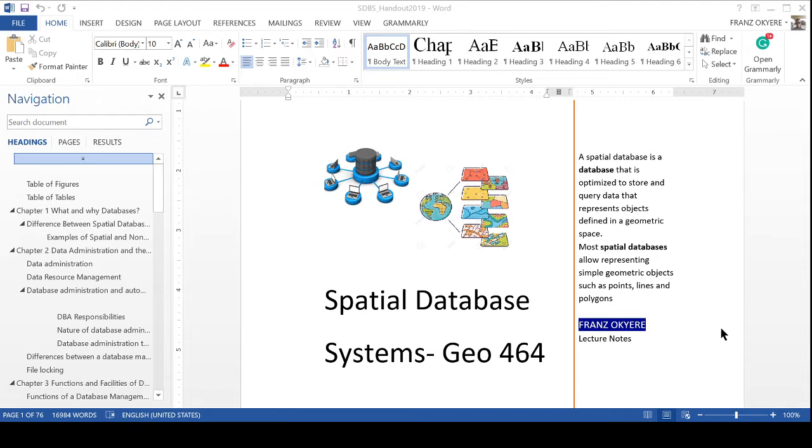So let's look at spatial databases. Let's continue from where we left off, and I want to talk more about this. All right. So spatial databases, and we've talked a lot about systems and file and record systems.